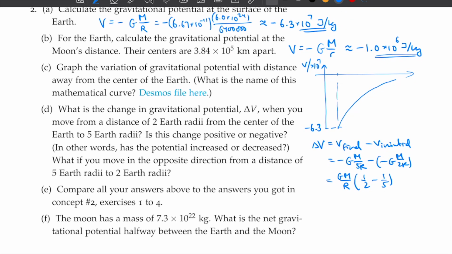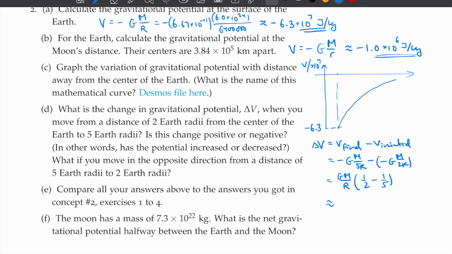I actually haven't worked this one out yet. So, oops, let's do that quickly together. 6.67 times Earth's mass divided by Earth's radius times 1/2 minus 1/5. And I get something like, let me see, did I do that right?